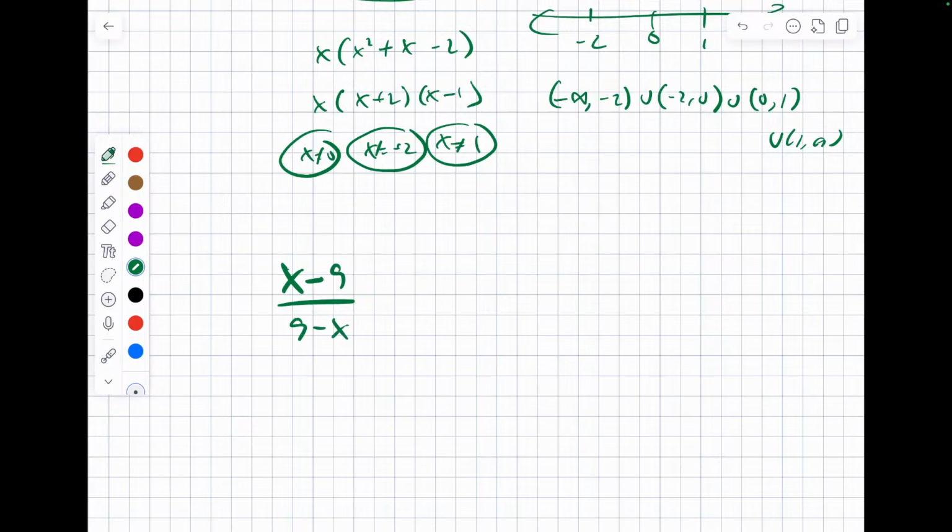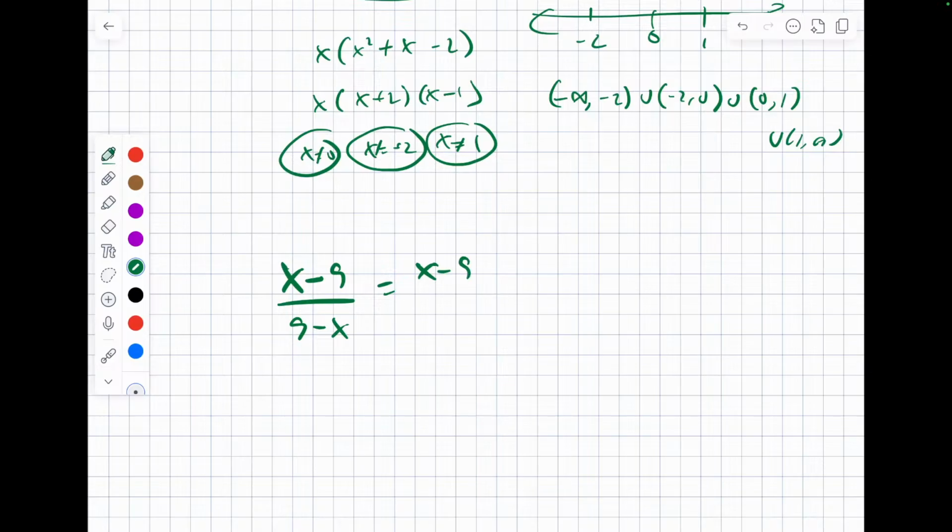Those two are in the notes. I don't know if you took notes.